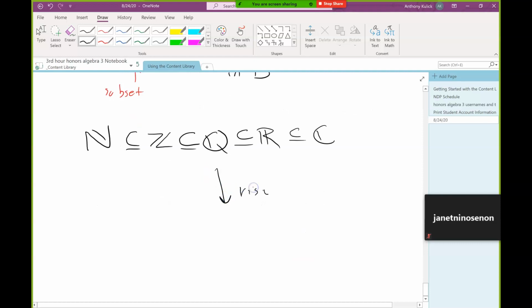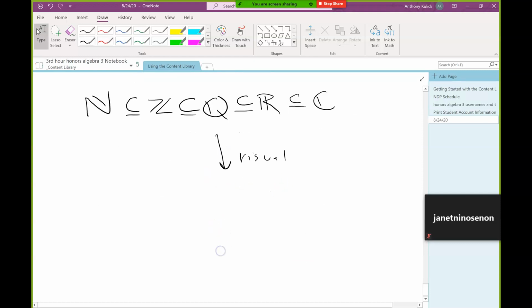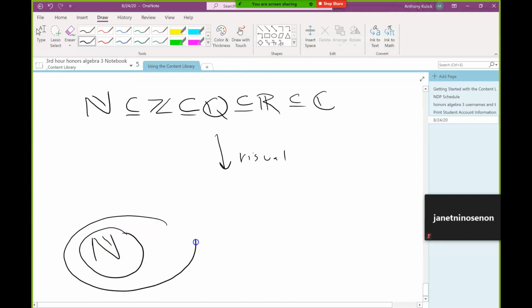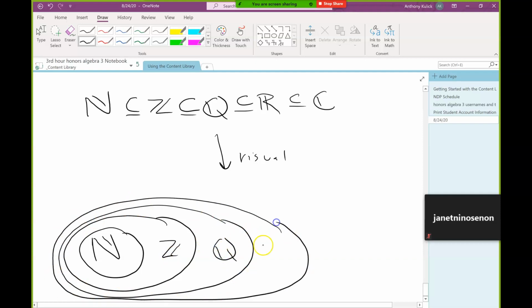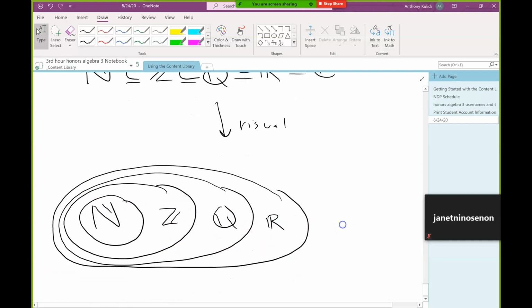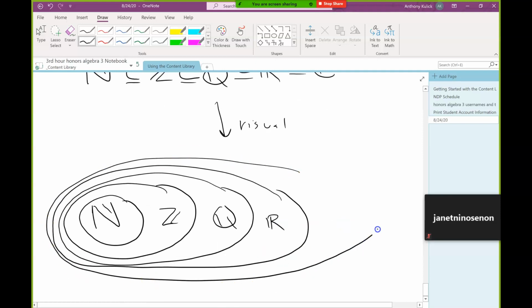Or if you are a visual person, if you want to think about it that way, the smallest of these sets is the natural numbers, which is contained inside the integers, which is contained inside the rational numbers, which is contained inside the real numbers, which is contained inside the complex numbers.